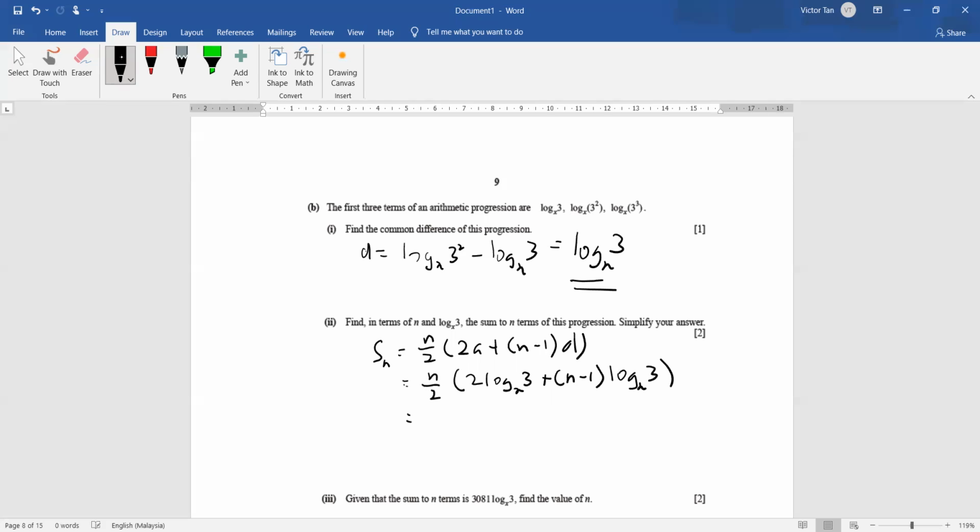So this is equal to n over 2. If you want to expand, you can expand, but if you do not want to, then you can leave it.